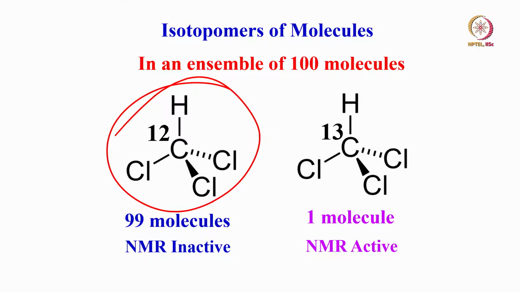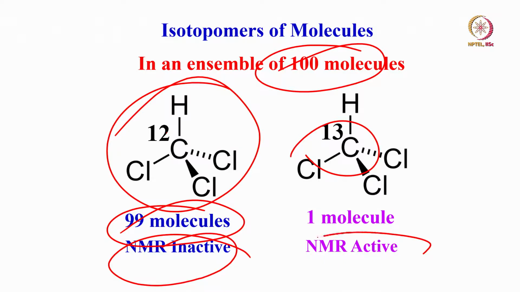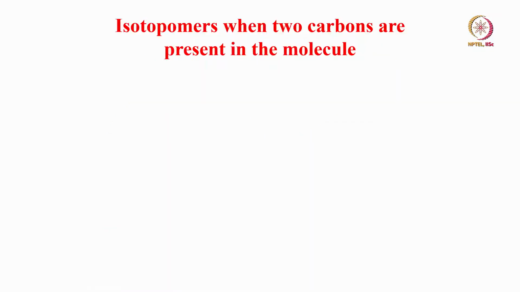The abundance of carbon 13 is only 1%, abundance of carbon 12 is 99%. So in an ensemble of 100 molecules, we have 99 molecules which have carbon 12 and only one molecule has carbon 13. But this is NMR inactive and this is NMR active. So you will see only one molecule with carbon 13. All other molecules have carbon 12, which doesn't give NMR at all.